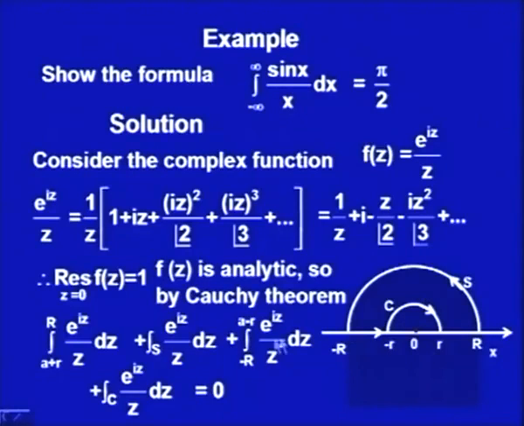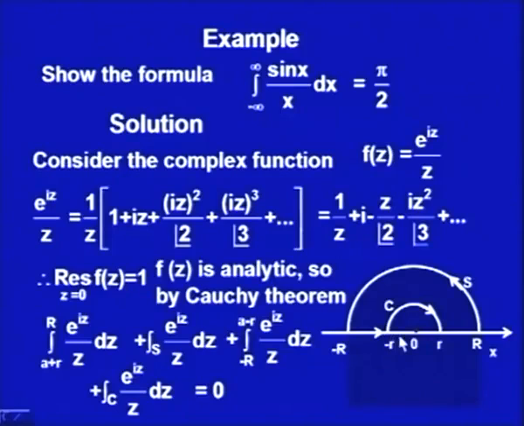What we have to find is the integral from minus infinity to plus infinity of e to the power i x. First, we find the improper integral where the function is approaching infinity at some point, or has a singularity on the real line.